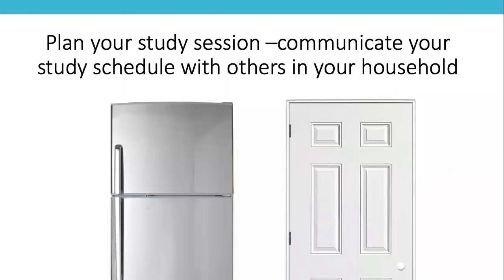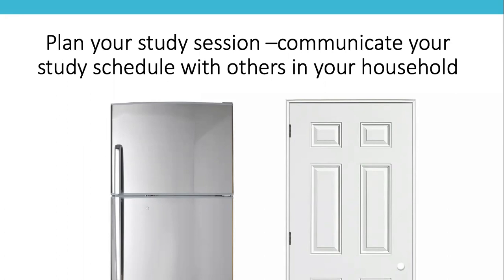Other things that we also like to help you think about: when you are thinking about your study sessions, communicate this with everybody that you live with in your household. Maybe you live with your parents, maybe you have siblings, maybe you have kids or roommates, and there could be a few distractions, and at the same time you don't want to be interrupted, right?